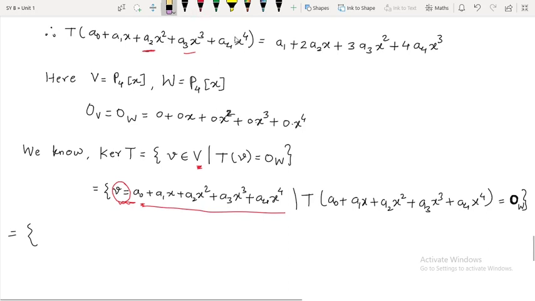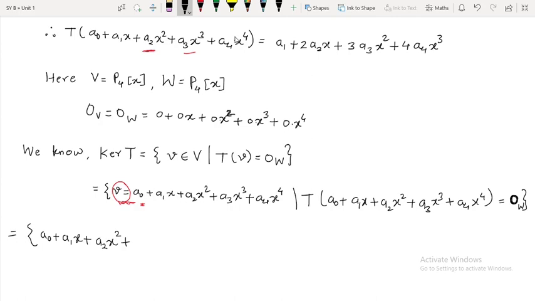So therefore this is equal to, I'll directly say now a0 plus a1x plus a2x square plus a3x cube plus a4x raised to 4, such that, now use the definition of T. We are already having this, T of this thing is nothing but this, so we will use it here.